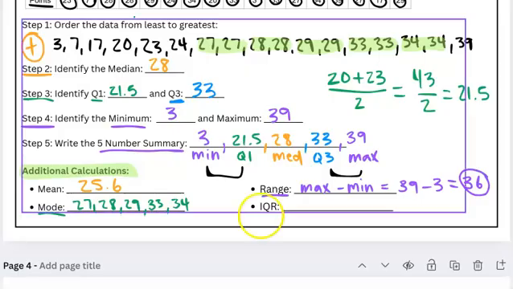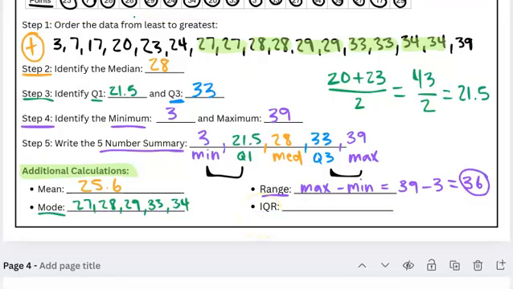And lastly, we have IQR. IQR stands for interquartile range. It's found very similarly to how we find range. We are going to subtract 2 values. Interquartile range is the difference between the Q3 and the Q1. So we are subtracting our quartile 3 and our quartile 1 value.